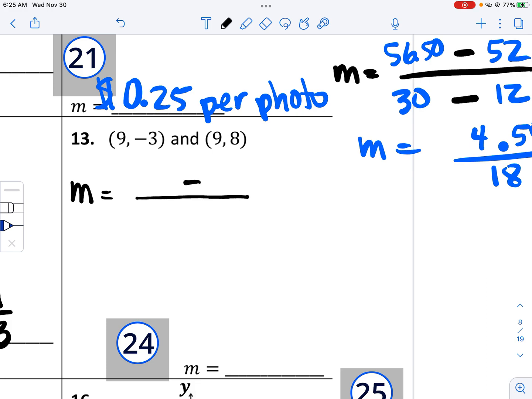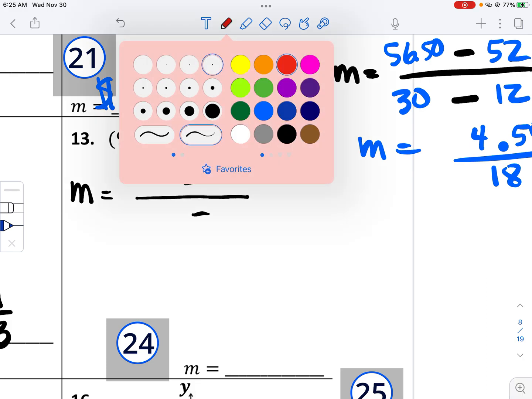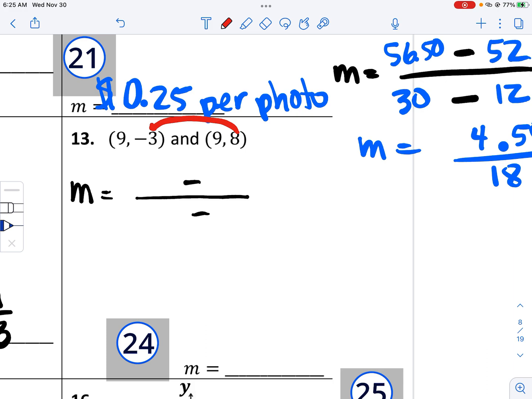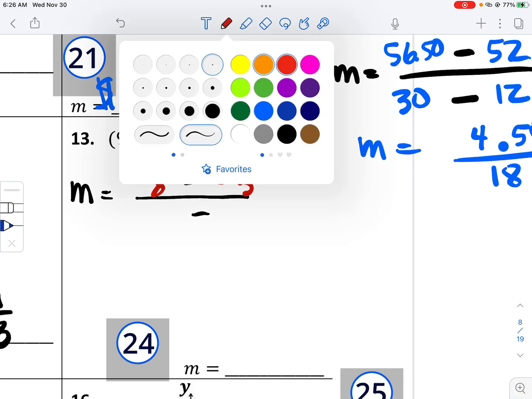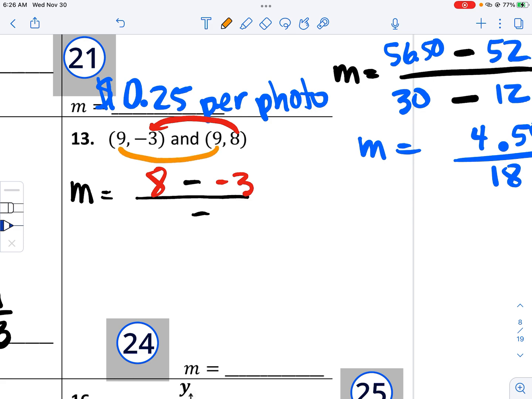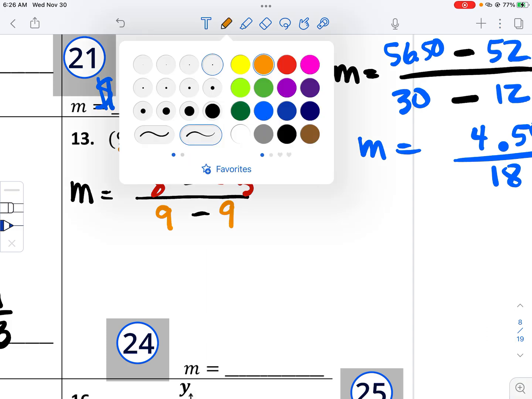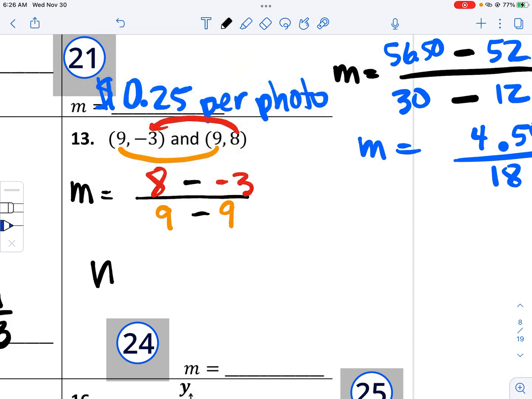Okay, again, I'm going to subtract my y values. I'm going to subtract my x values. When I do that, this turns to a plus, so I get 11 over 0.